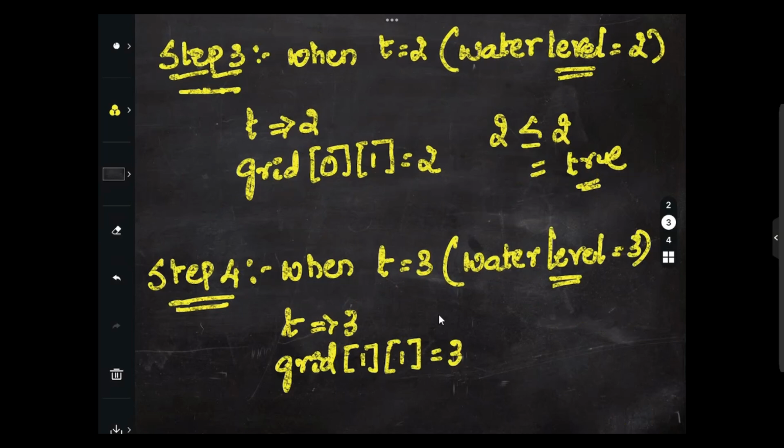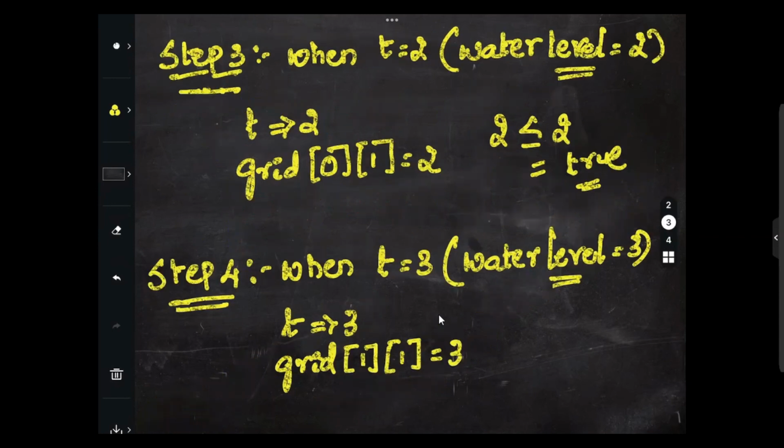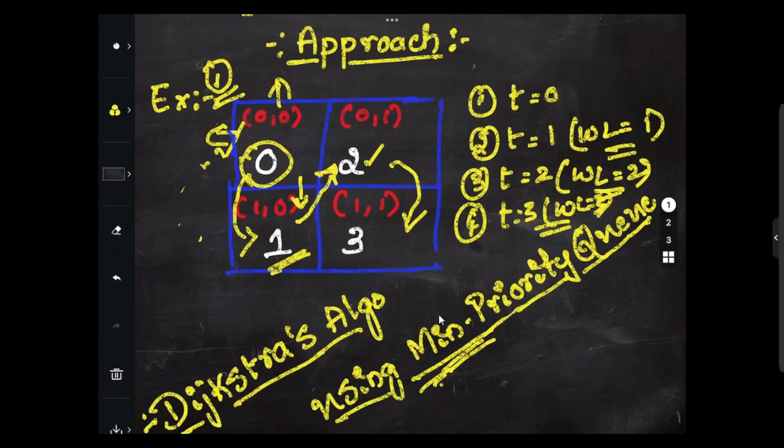We can now move from 0, 1 to 1, 1, because we will check that grid of 1, 1 is less than or equal to t. So 3 is less than or equal to 3. Yes, 3 is equal to 3 here. This will be true. So here we can move from 0, 1 to 1, 1, right? I hope this is clear at t equals 3.